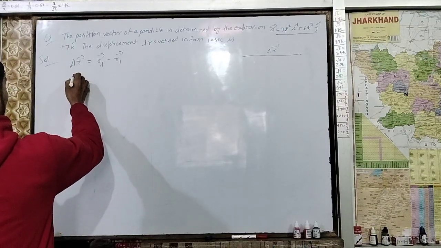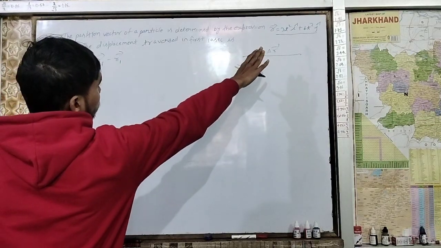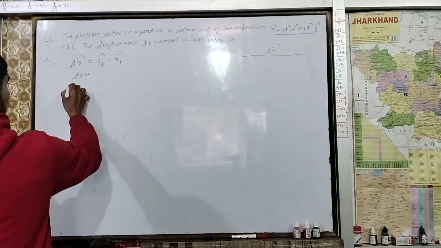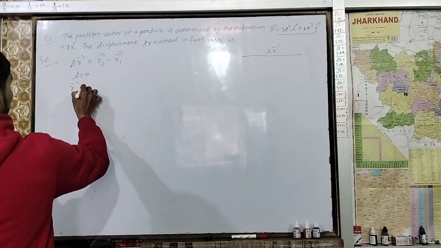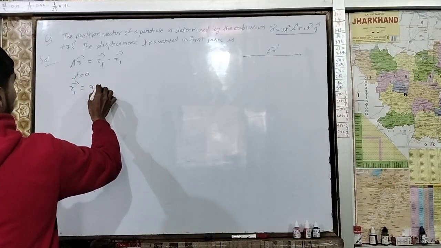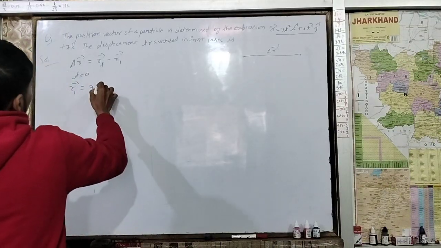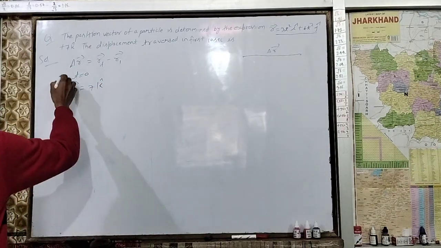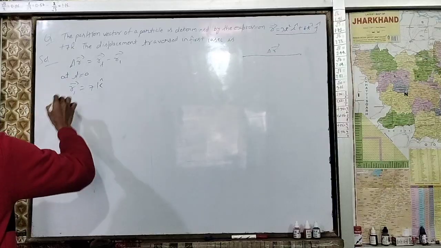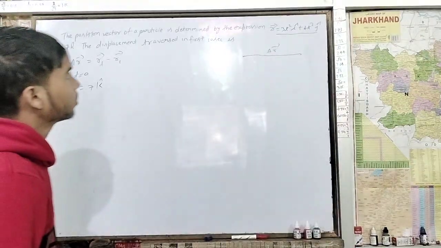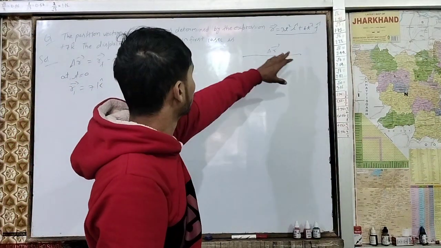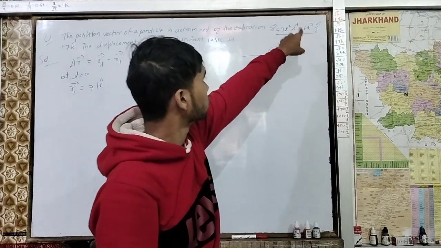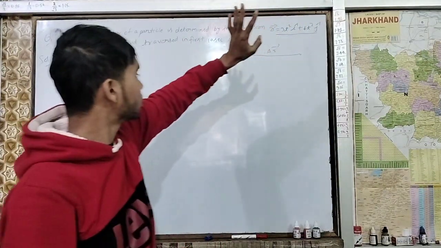And initial will be how much? Initial is where t is equal to 0. We are putting t equal to 0, so initial will be 7k cap. How? At t equal to 0, this term will become 0, this term will also become 0.